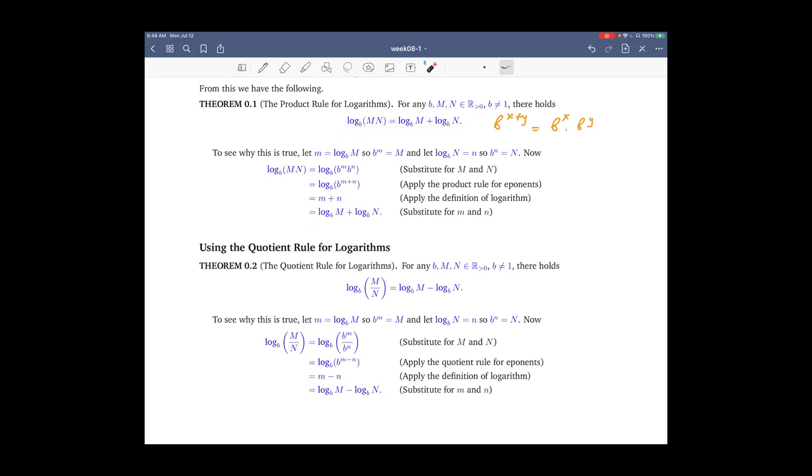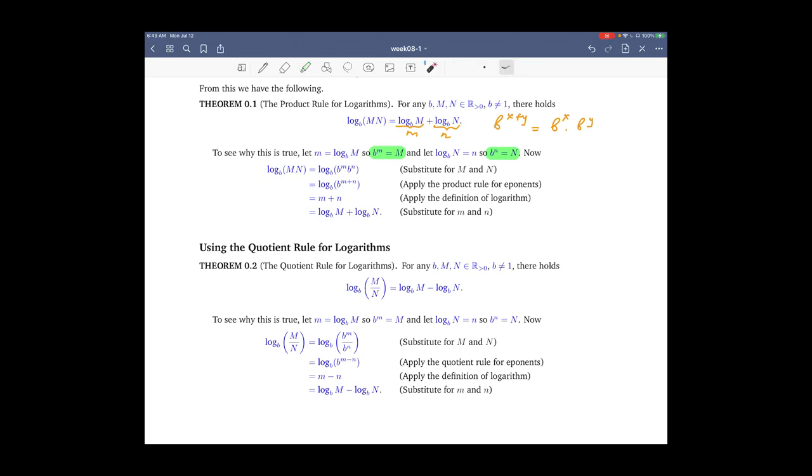Well, let's denote log capital M base b by little m, and log capital N base b by little n. So immediately, that means that b to the power little m equals capital M, and b to the power little n equals capital N. That is the very definition of logarithm.